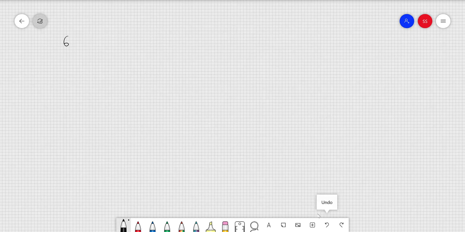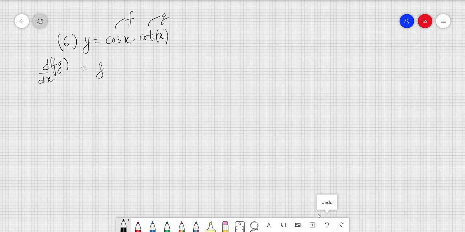Here is an example of trigonometric functions where we can apply the product rule. Say we have y equals cos x times cot x. Now the first term be f, the second term be g. Then according to the product rule, again, if we find the derivative of f times g with respect to x, this would be g df by dx plus f times dg by dx.